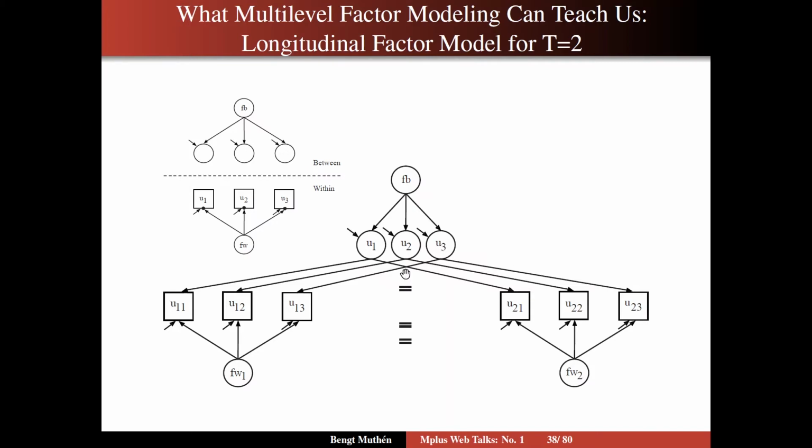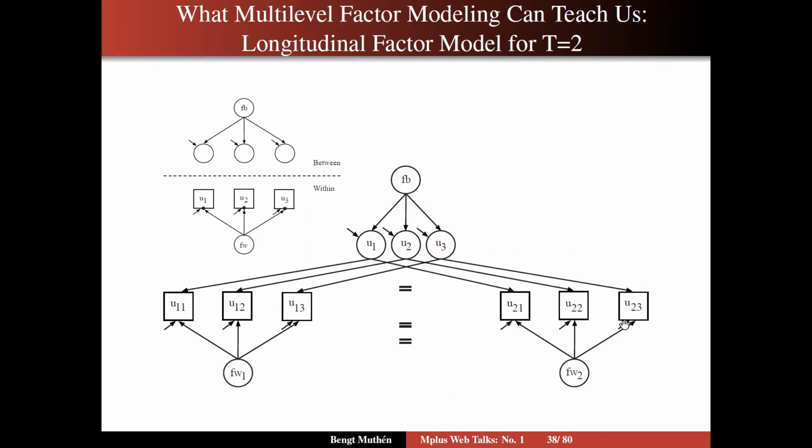And we have equality there as well across time, except that's a trivial equality because the influence from the U circles to the U boxes have coefficients 1. So these are all fixed at 1, which is an invisible connection between the random intercepts and the U boxes.